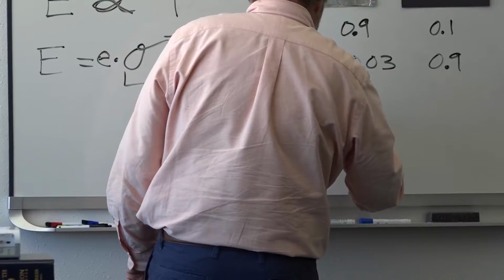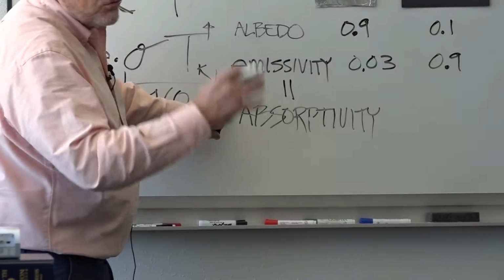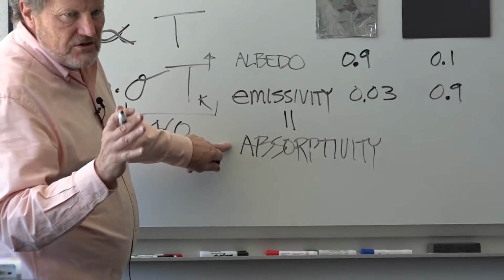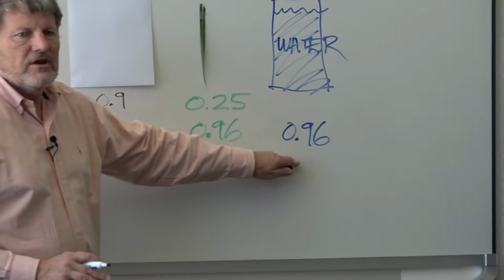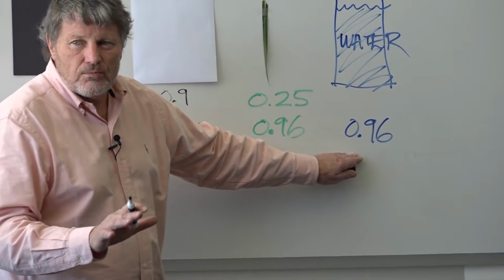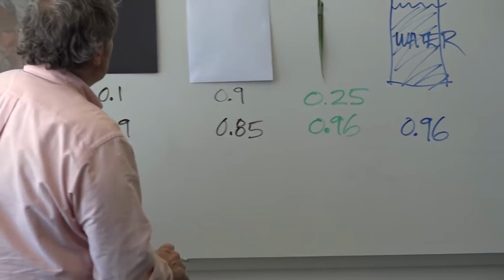E equals A. This means that if a surface is 0.96 for emitting radiation, it's also 0.96 for absorbing that same radiation.